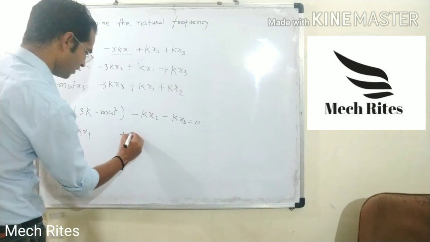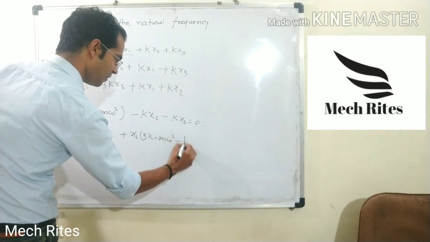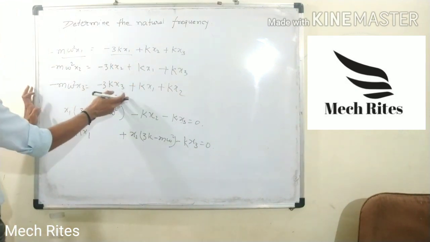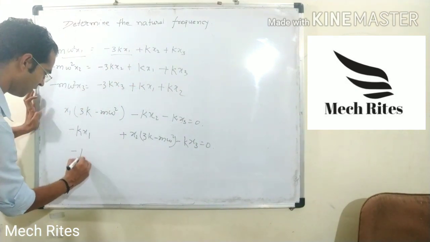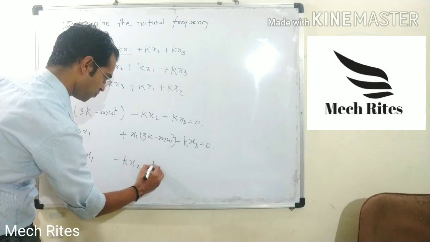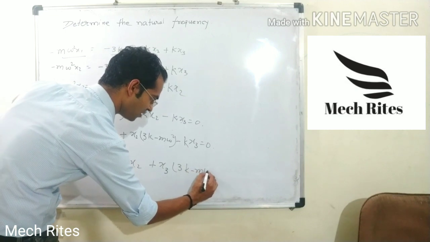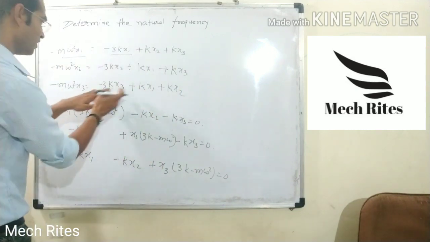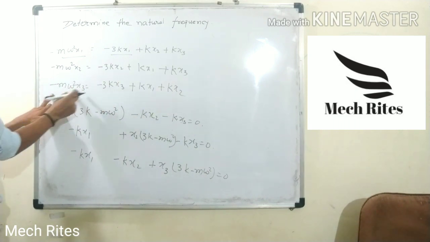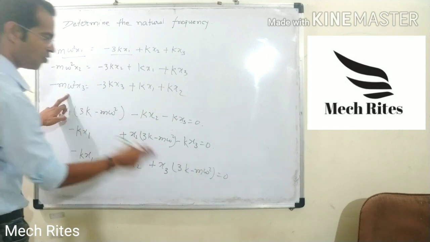If I take it this side, x2 times 3k minus m omega square, minus k x3 will be 0. For the third one, if I take all these things to this side, minus k x1 minus k x2, and I am taking x3 common, 3k minus m omega square equal to 0. What I have done is, this and this will go to the left hand side, so it will be plus, and taking common x3, x3 times 3k minus m omega square.